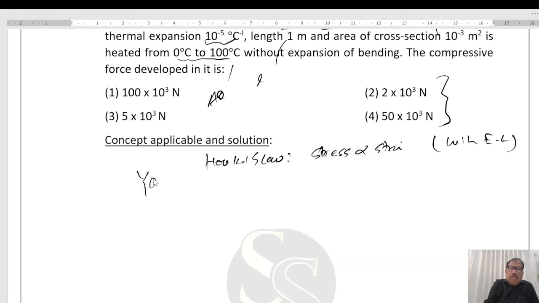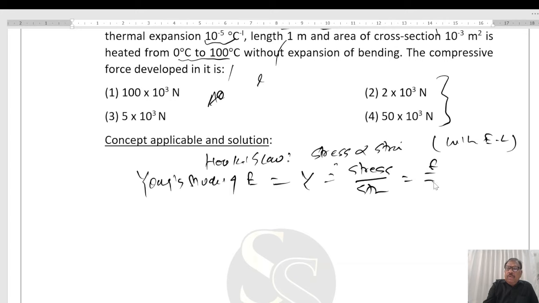Then Young's modulus of elasticity is stress upon strain. That is F upon A over delta L upon L, or F L upon A delta L. This is equation 1.